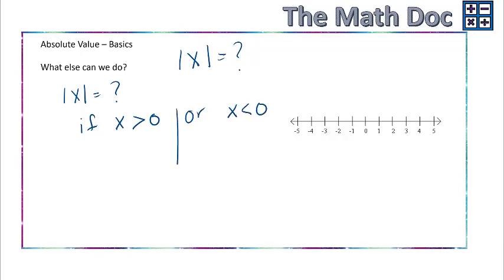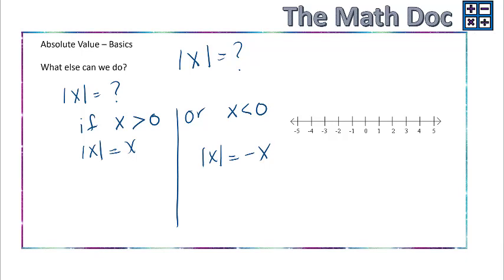If x is larger than 0, then the absolute value of x is just x, right? And if x is less than 0, well then the absolute value of x should be minus x, right?